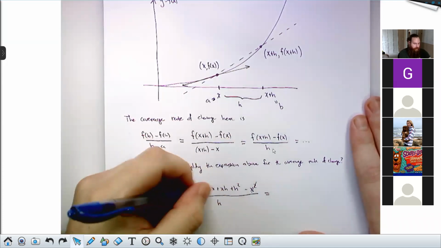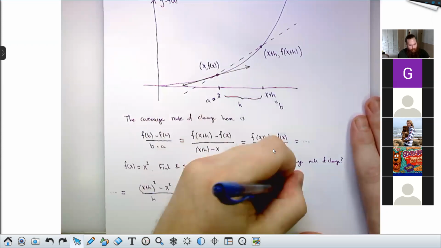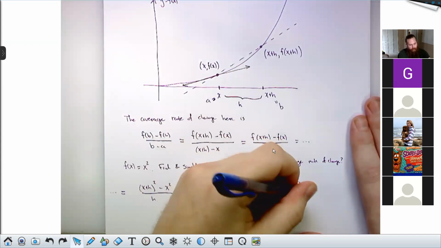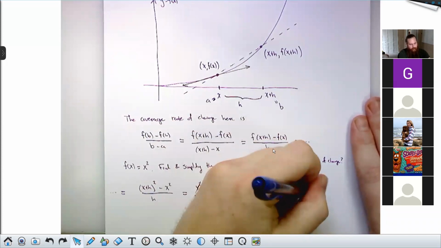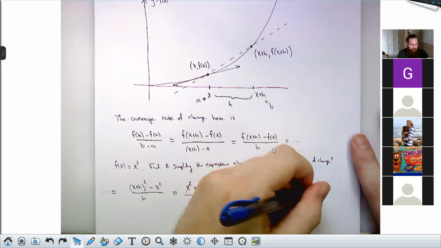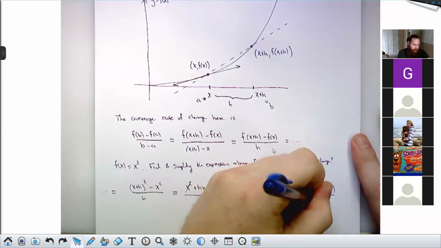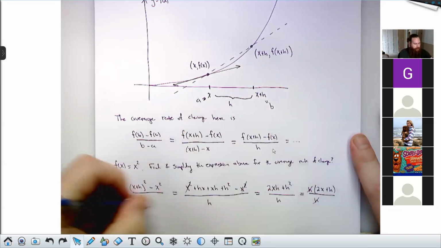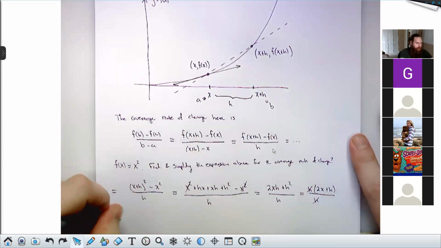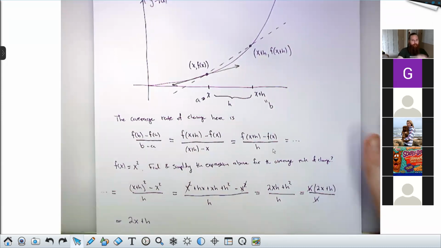This is 2xh plus h squared over h. And you could factor the h from the top, and then cancel it with the h from downstairs. So this would be 2x plus h.